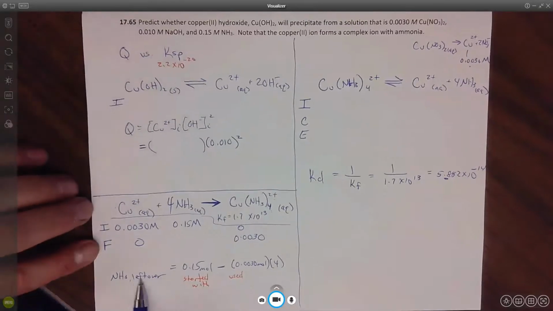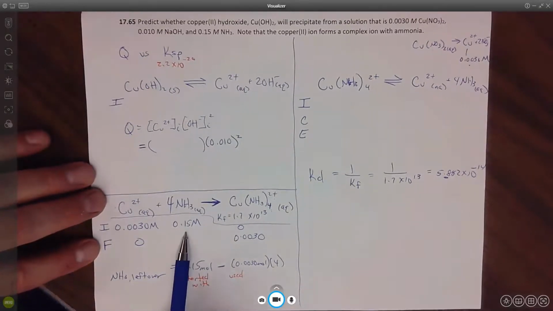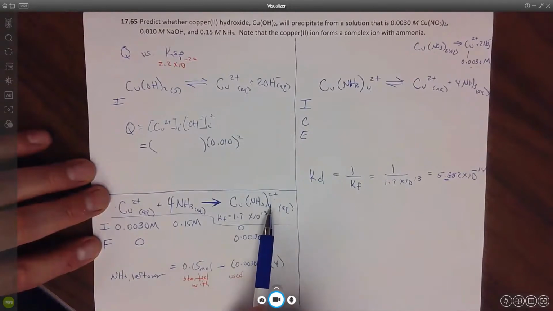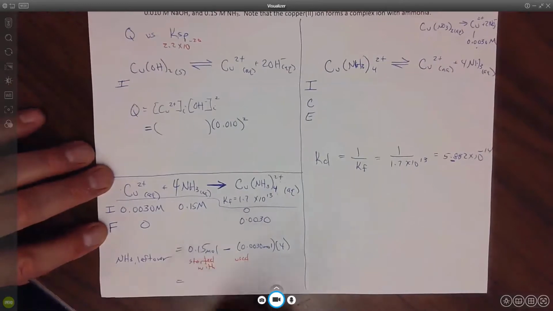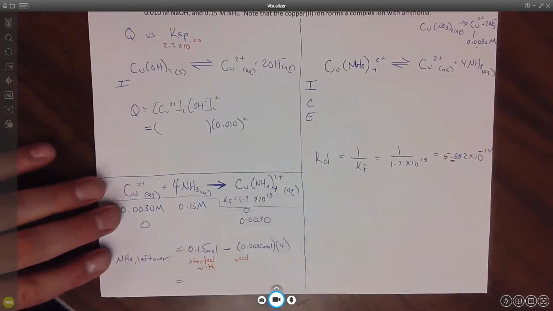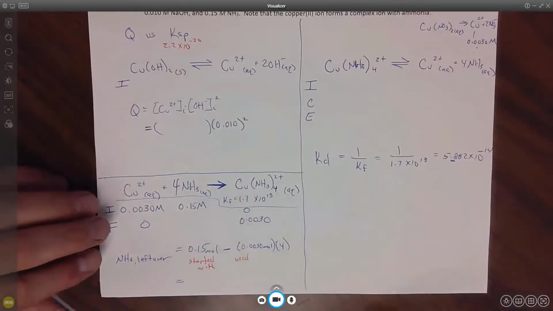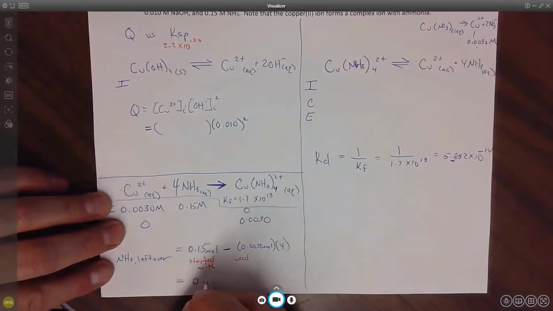So what's left over is what I started with, in this case, 0.15 moles. I made this many complex ions, but each complex ion required a certain number of ligands, in this case 4. So you'd plug that into your calculator, and what is left over is 0.138.